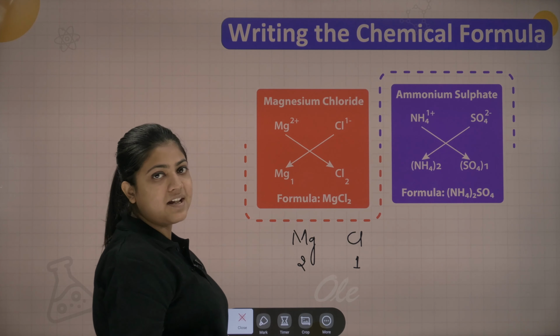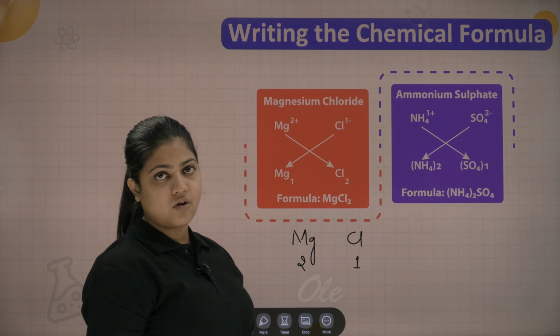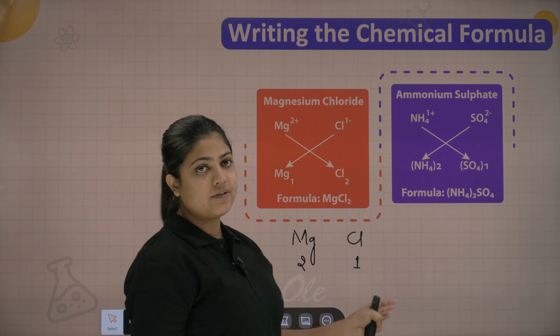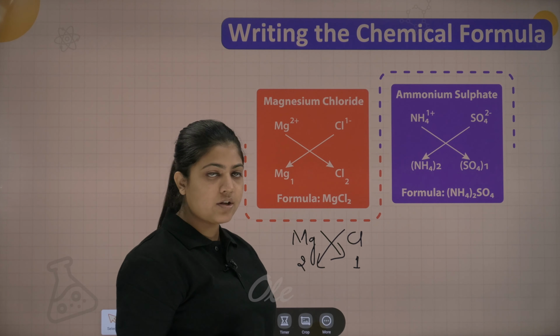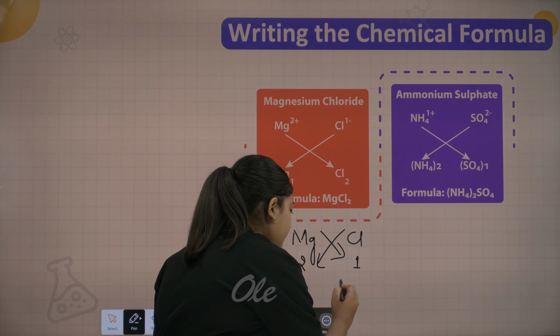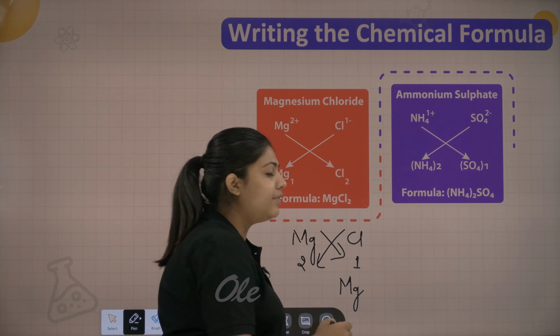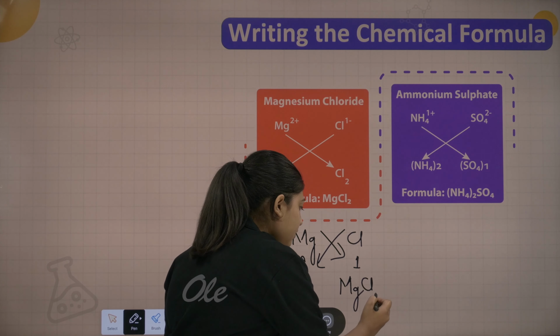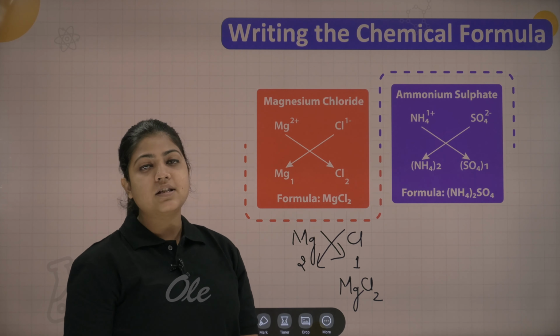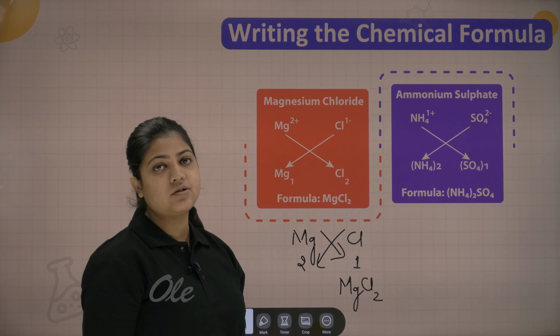So here the HCF will be 1. You will cross multiply, and you will get magnesium with 1, which I told you that you do not have to write. With chlorine you are getting the number 2, so you will add this 2 in the subscript. So that is MgCl2. This is your formula.